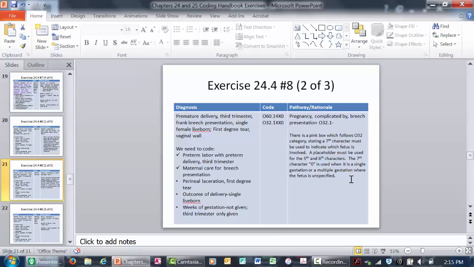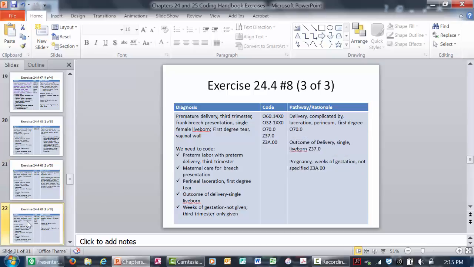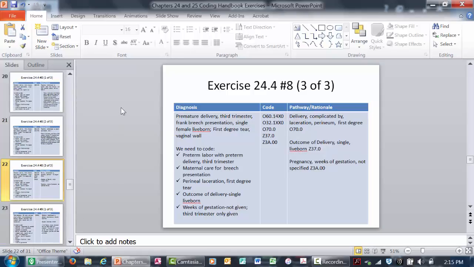Here is the explanation. And here we go with the perineal laceration here, the outcome of delivery, and the pregnancy. Okay, I'm going to stop there, and we will do part 2 to finish our codes.